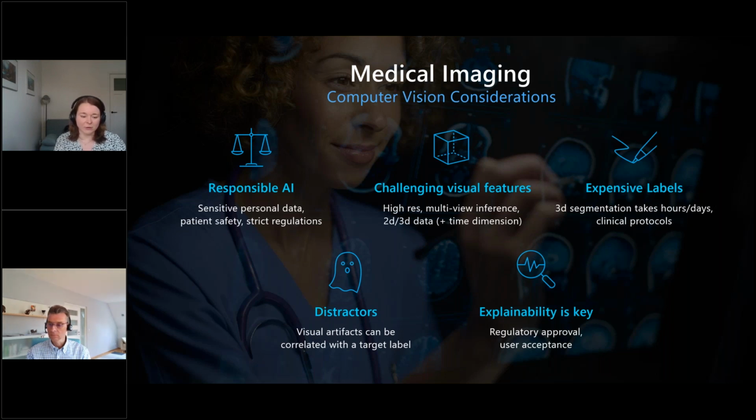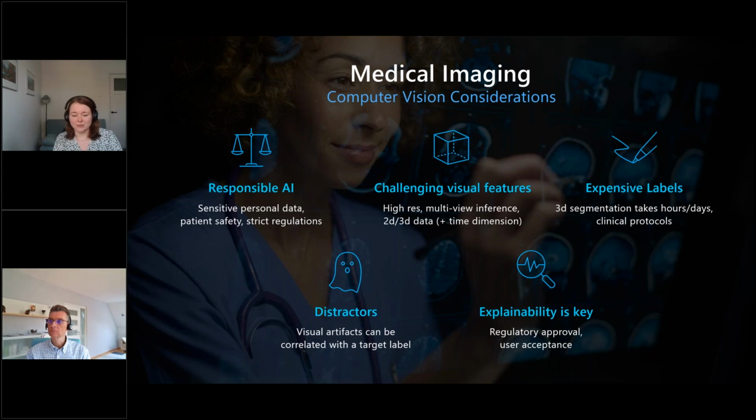Then we have the topic of visual distractors. This means that there would be certain visual artifacts in the images that we are working with, which are correlated with the target label that we're trying to train in our model, but are not actually the features that we want to train on. So for this, it's important to look at explainability in our model to verify which areas of the images are actually being trained on, and if these are the correct ones.